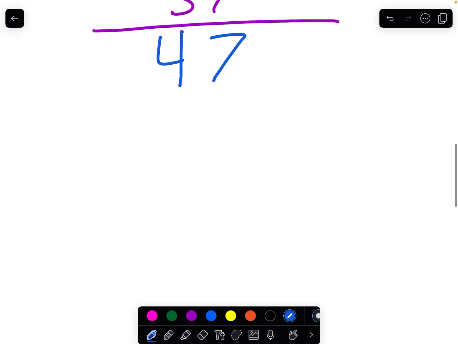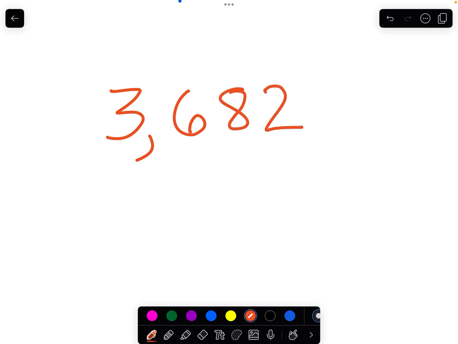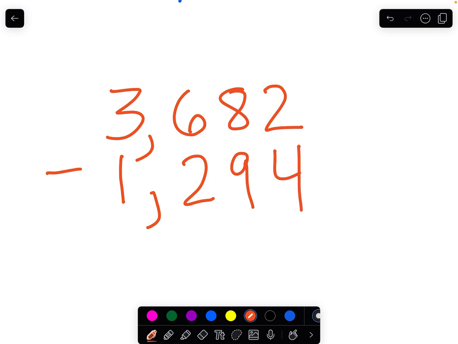Now guess what, friends? This also works with larger numbers. So let's say I have the number 3,682, and let's say I want to subtract 1,294, let's just say.